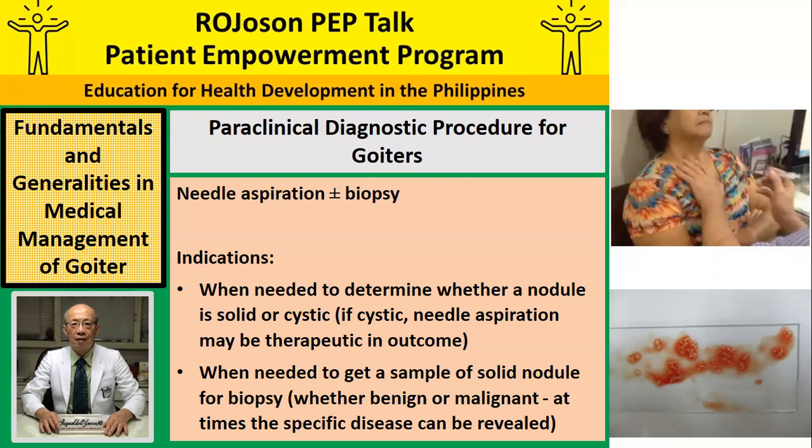This glass slide shows the sample of tissues gotten to be submitted to the pathologist for microscopic examination, or what we call biopsy. Here just shows you how a needle aspiration is being done.